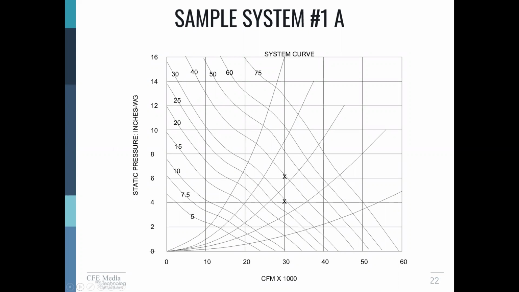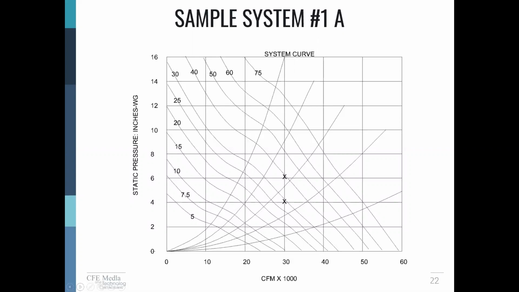This is the same fan curves, the same X at the 6.1 point on the 30,000 CFM vertical line is the 50 horsepower motor, and the X at just over 4 inches of static falls right below the 30 horsepower fan. And so that means that you could operate this with a 30 horsepower fan.